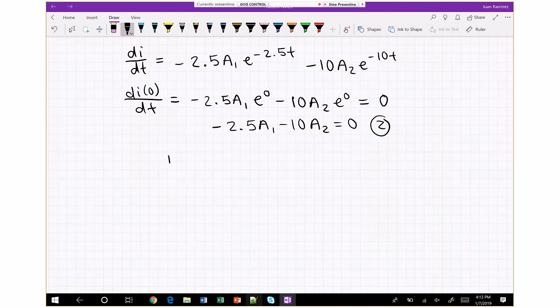So if we take the first one and write it in terms of one or the other, let's say A1 is equal to negative A2 minus 9.